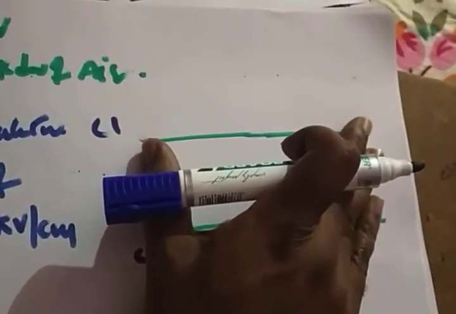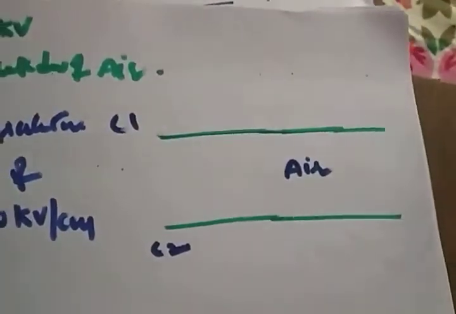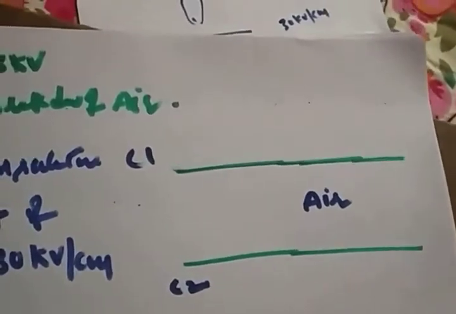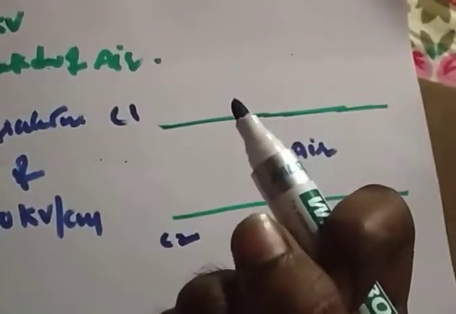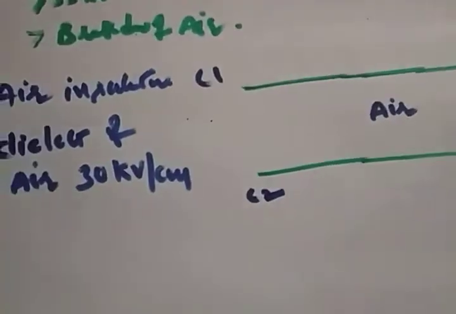That we need to understand. Now, when these conductors carry high voltages, it provides a potential gradient around the conductor. We'll see how the potential gradient happens.